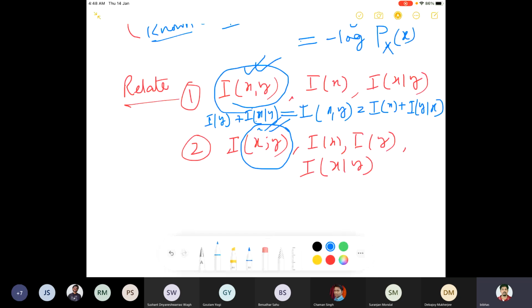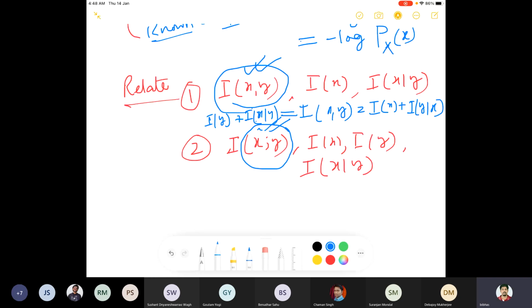Yes, sir. What about the relationship between I(X;Y), the mutual information between X and Y, I(X), the self-information of X, I(Y), the self-information of Y, and the self-information of X when Y is given?